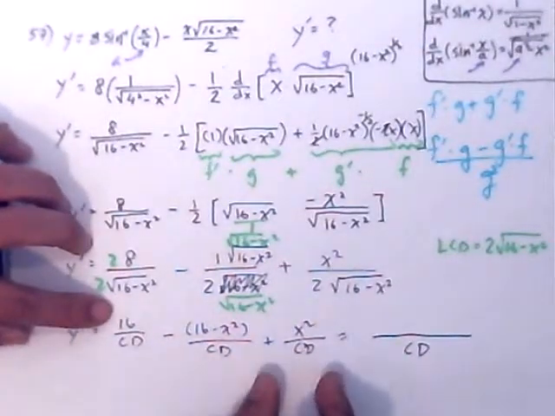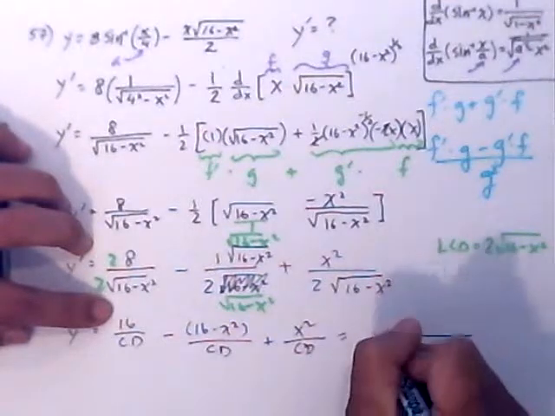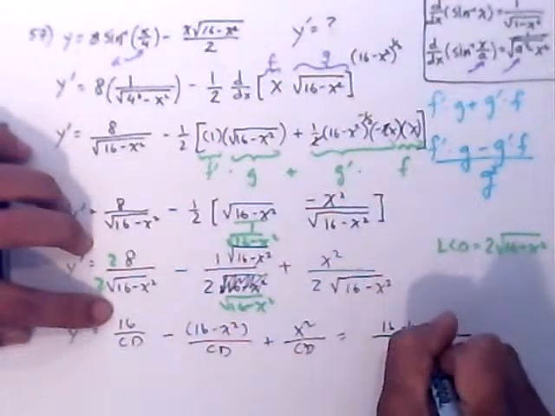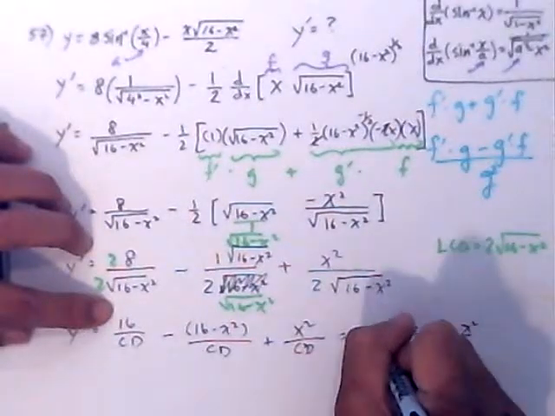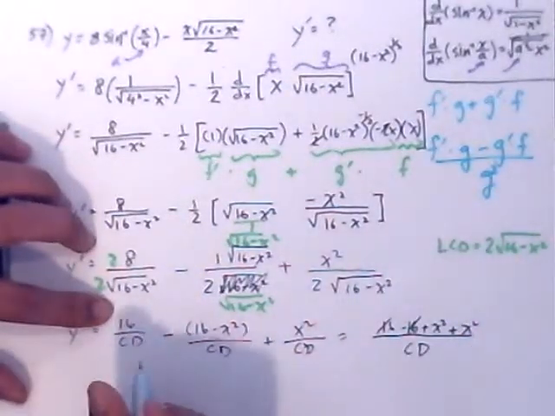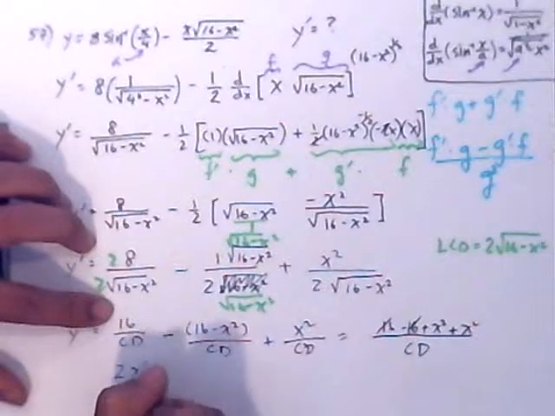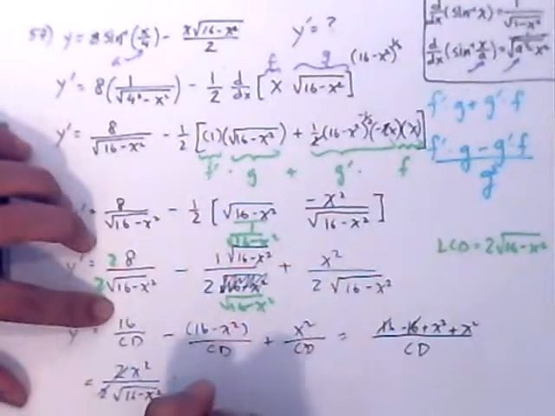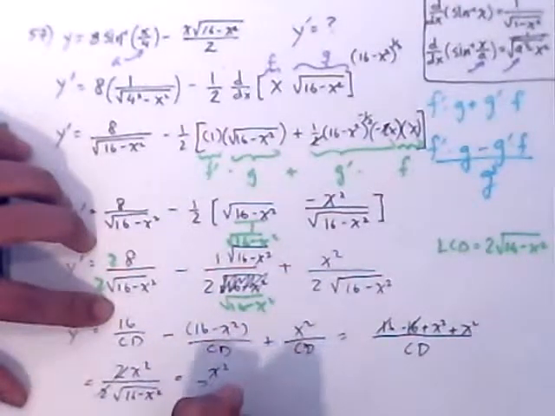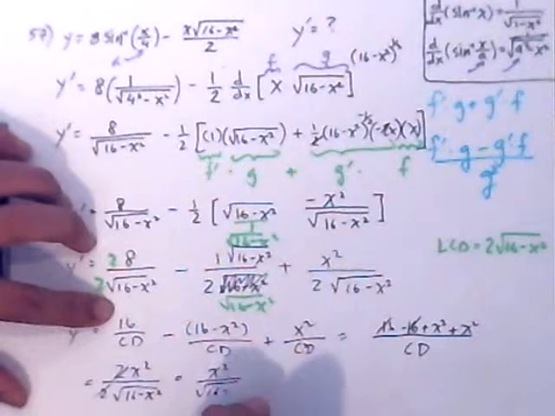So it's going to be 16 minus 16 plus x squared plus x squared. The 16's cancel. You end up with 2x squared over 2 square root of 16 minus x squared. The 2 cancels. End up with x squared over square root of 16 minus x squared.